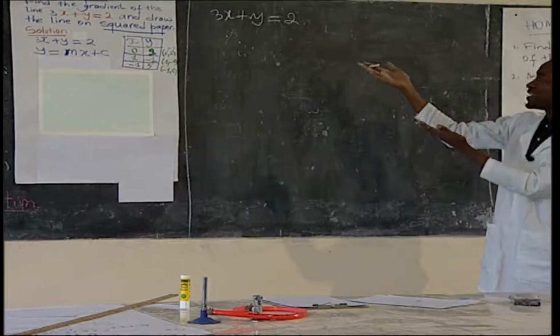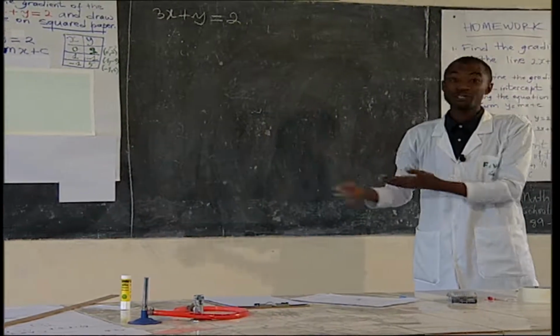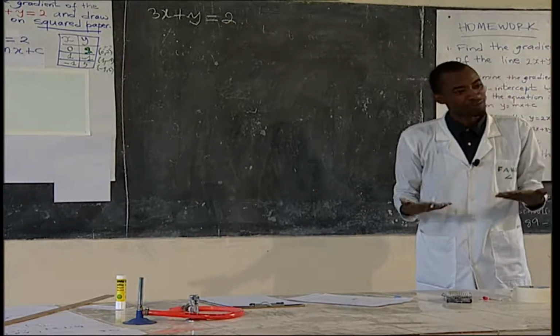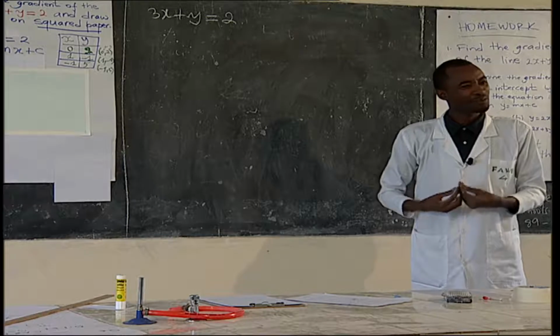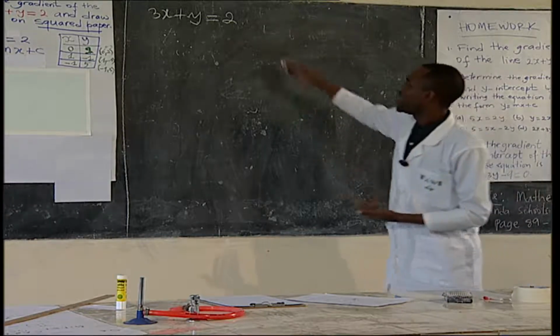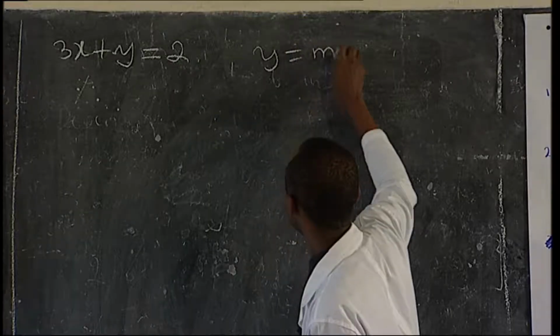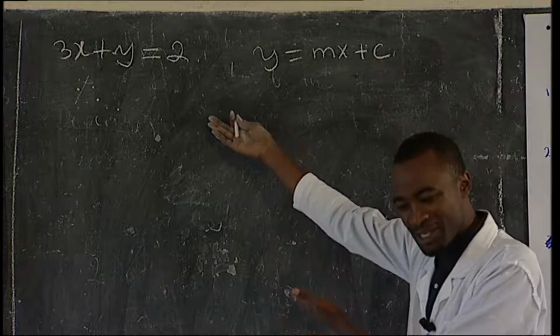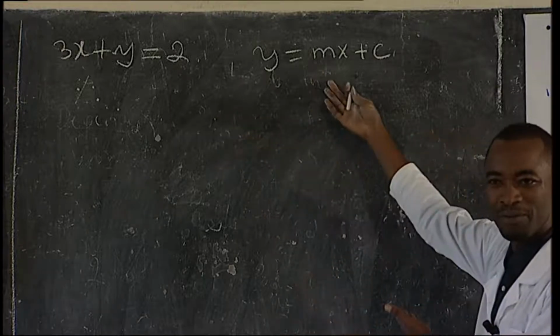And as you can see, our equation here is not written in general form. We need, first of all, to write it in the general form. Do you remember the general form of a linear function? I think you do. This is the general form of a linear function.